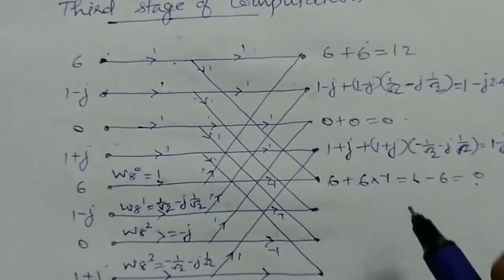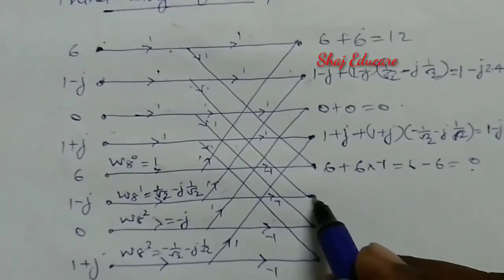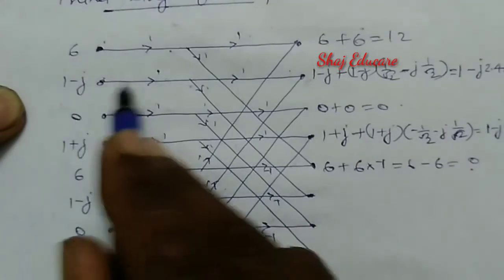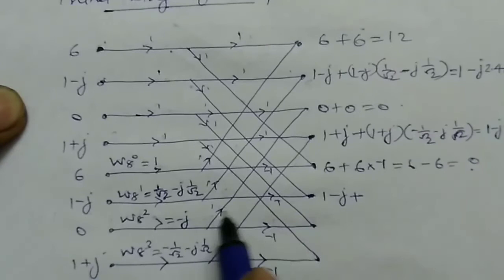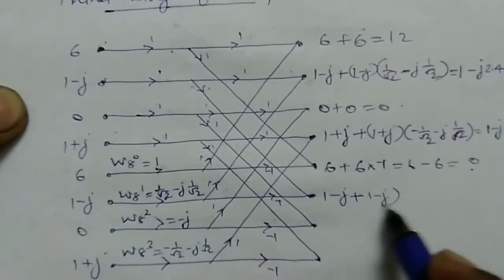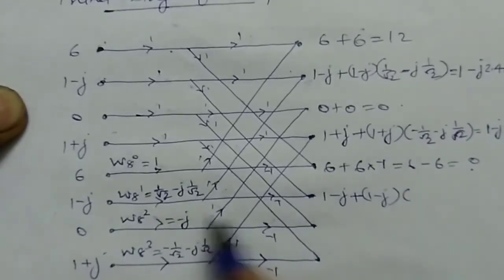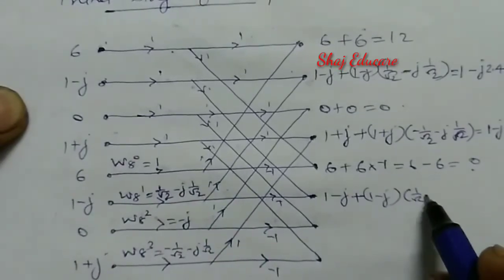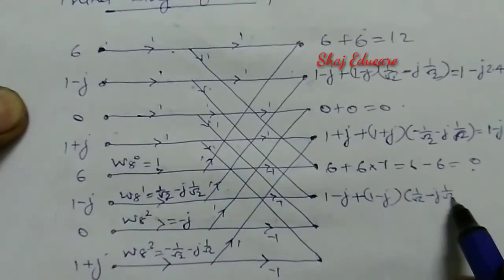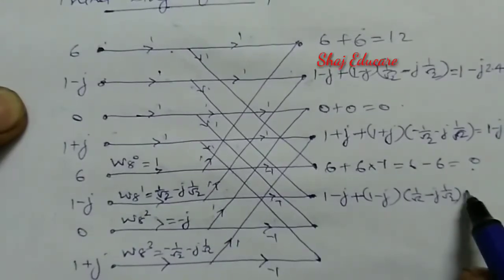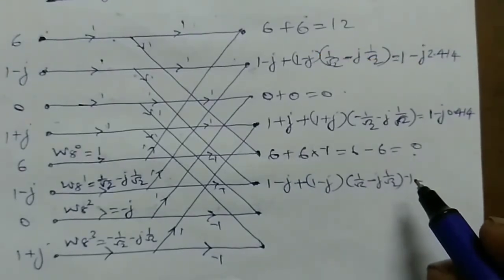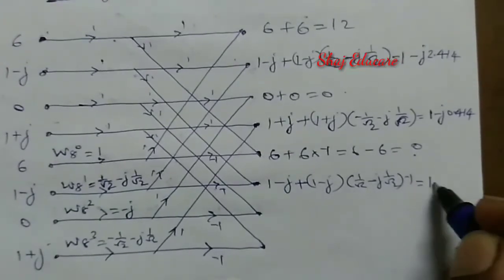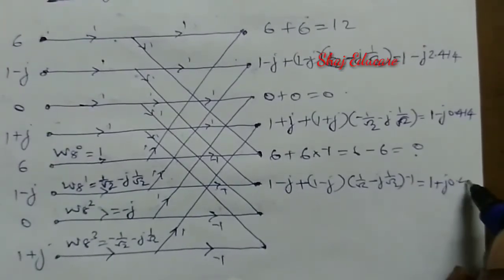Okay, and here we have a signal from 1 minus j, then another is plus 1 minus j into twiddle factor, that is 1 by root 2 minus j 1 by root 2 into minus 1 is there. Okay, into minus 1. Again put it in your calculator, and the result you will be getting is 1 plus j into 0.414.